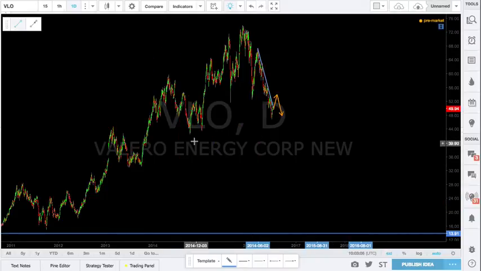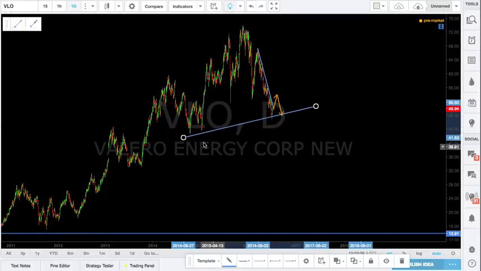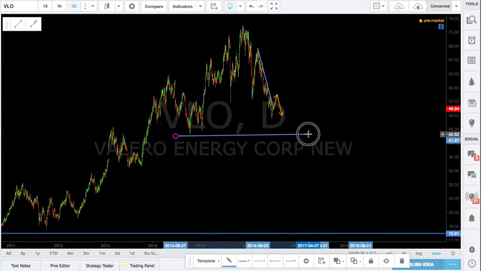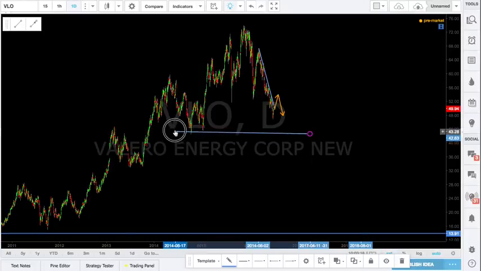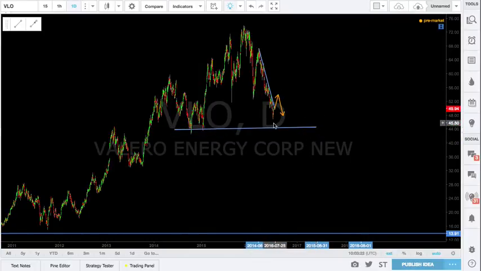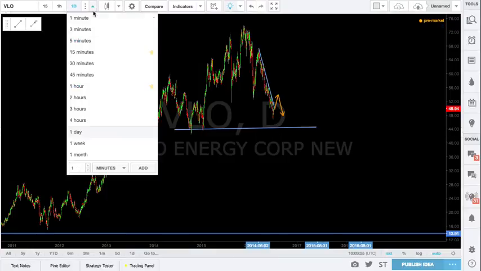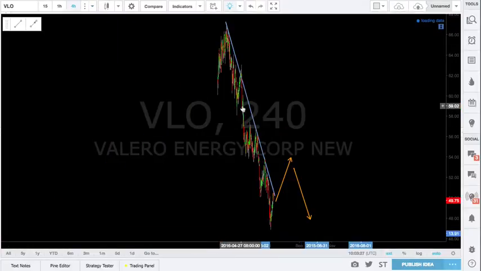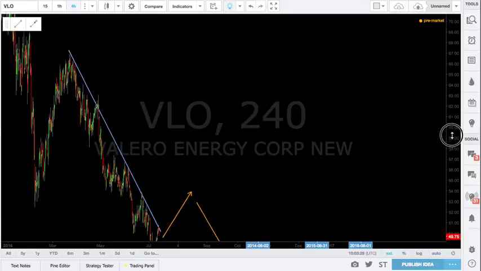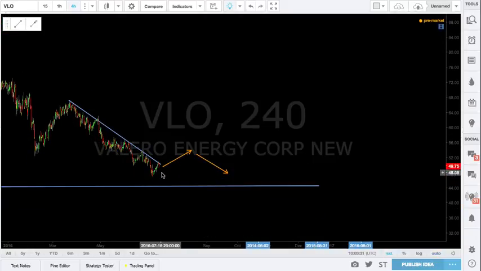So this line here, you can see that there's a possibility that it's either going to bounce up there or even make it down to this region here and then bounce. So it's probably worth waiting for the correction, because it'll almost certainly correct at some point, and then after the correction you've got the opportunity to sell.